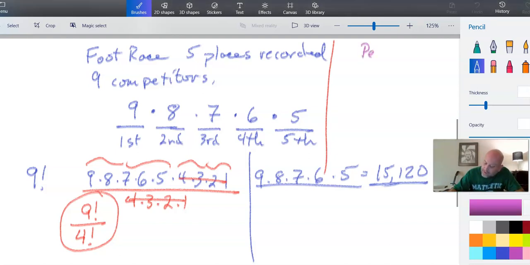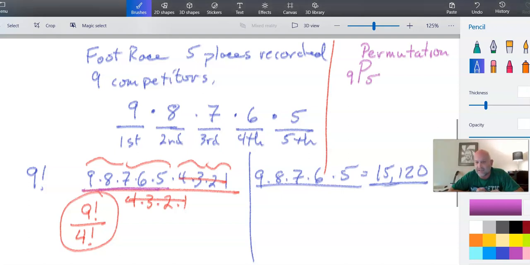A permutation: first of all, we are taking 9 things and we're doing it 5 of them at a time. So that's the first thing to notice. The notation for writing it is I have 9 things, I write a capital P, and I want to take them 5 at a time.